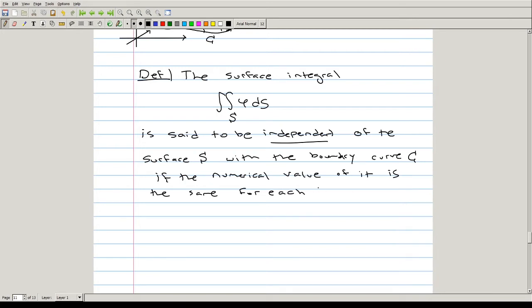So for every piecewise smooth surface with the same boundary curve.